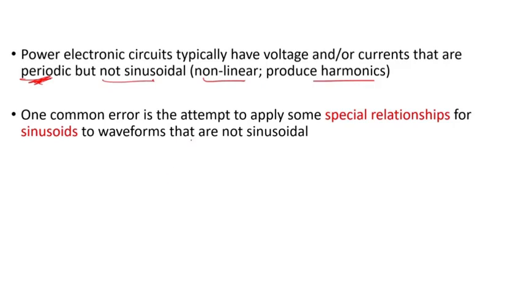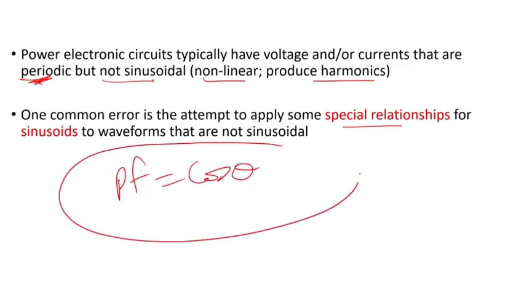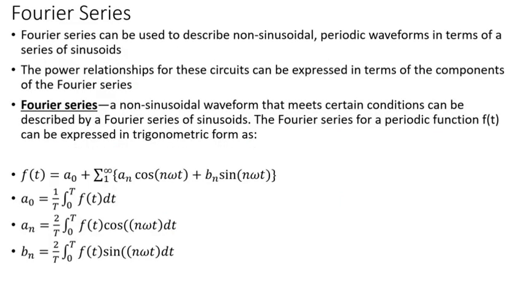One common error is the attempt to apply some special relationships for sinusoids. And I talked about one. Power factor equals cosine theta only if you have sinusoidal systems. That means no harmonics. It's a special case.